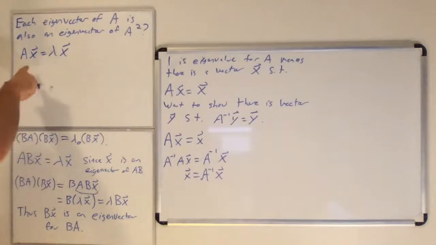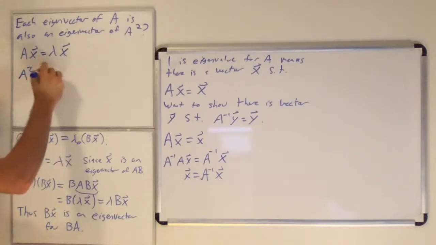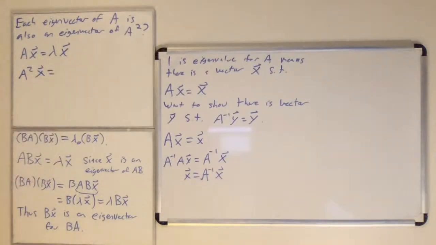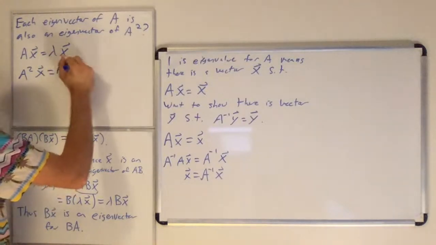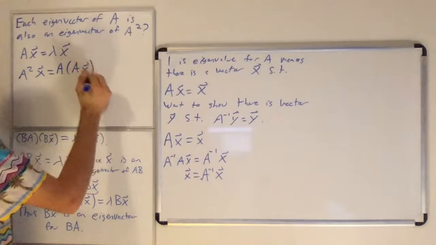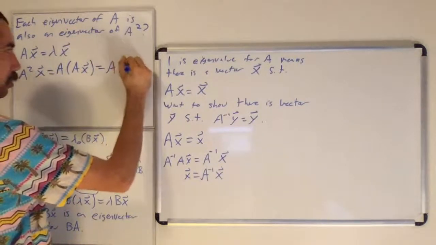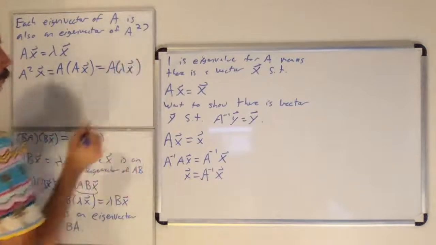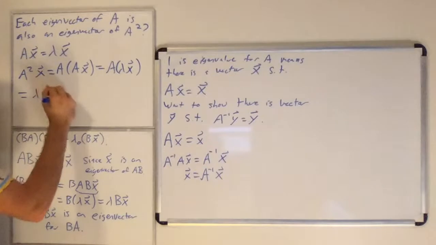Now let's see what happens if we multiply x by A squared. A squared x is equal to A times AX, which is equal to A times lambda x, which is equal to lambda AX.